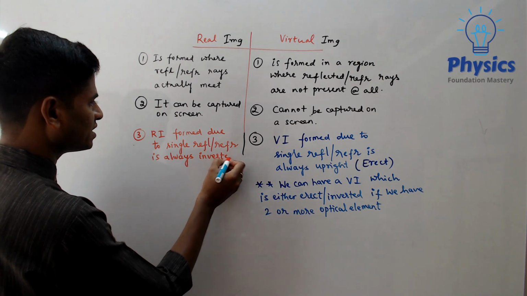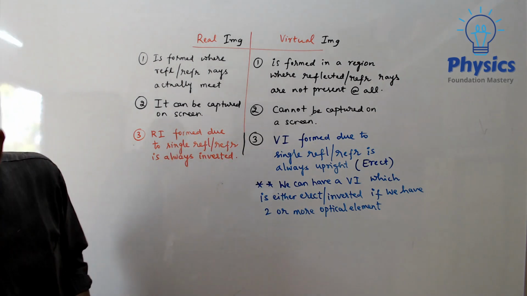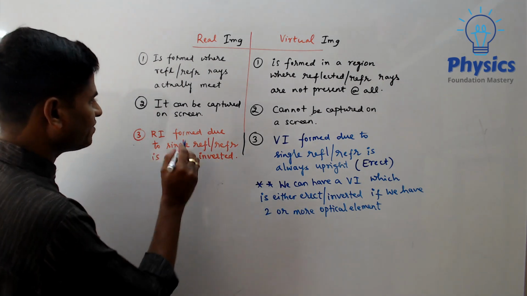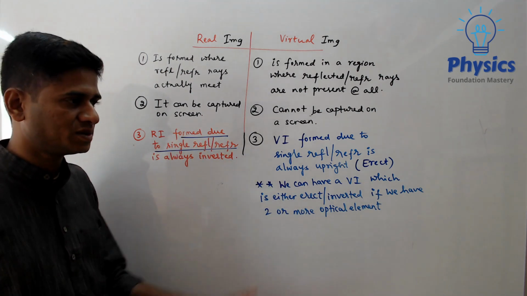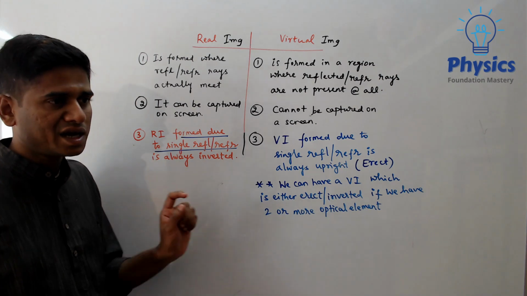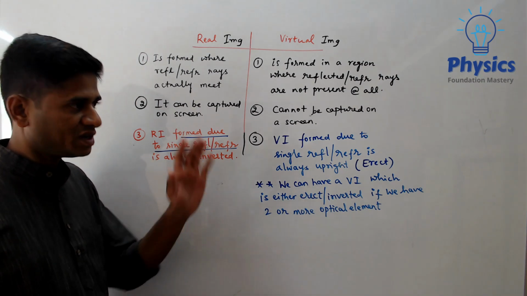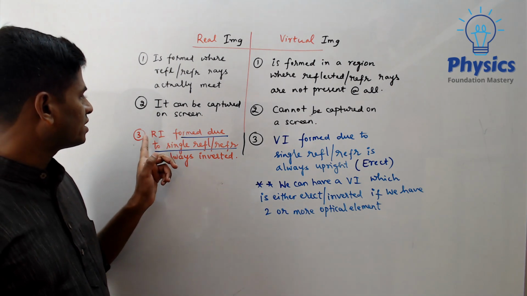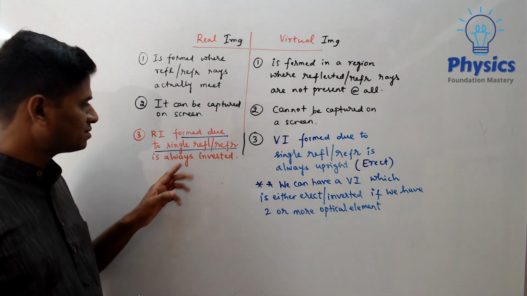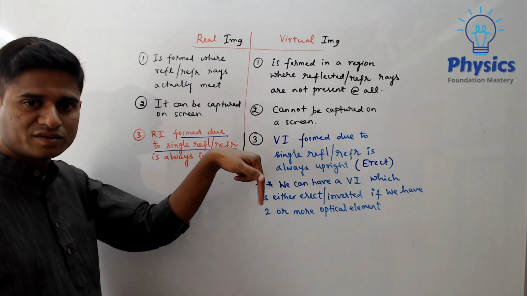What we have seen was a concave mirror and the image formed, with only one single concave mirror. It is a real image formed due to a single reflection. It was inverted, we have seen it. So it is inverted.